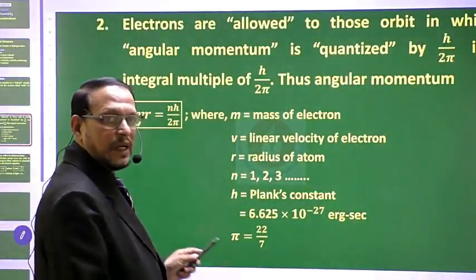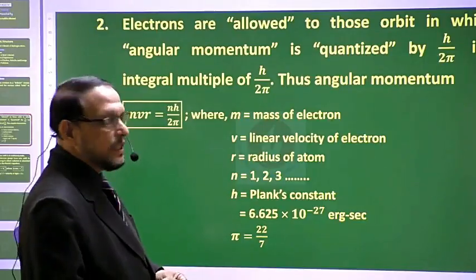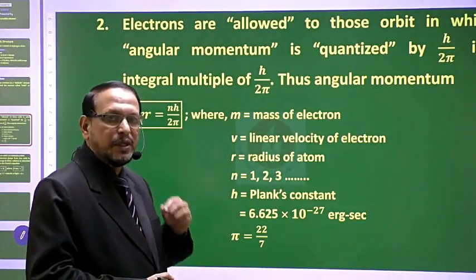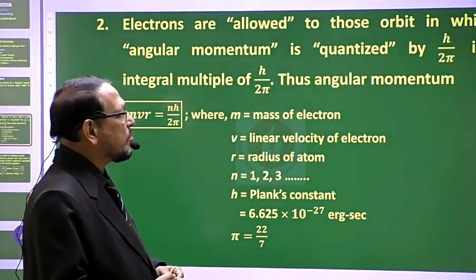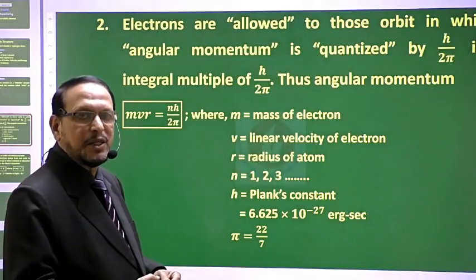Second postulate: electrons are allowed only in orbits in which angular momentum is quantized in units of h by 2 pi.